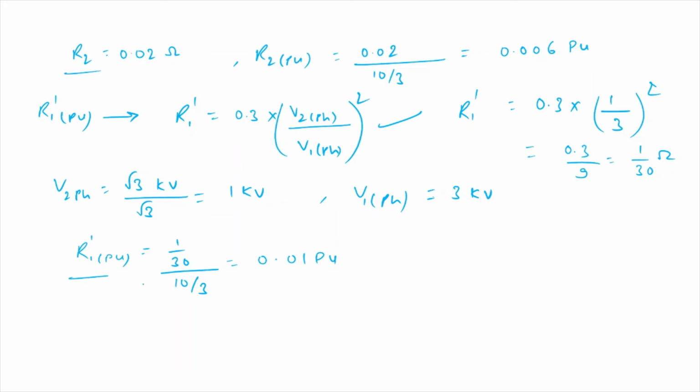So this we have calculated, R1 dash per unit. This we had calculated, R2 per unit. So now we have all the values. So copper loss would be nothing but R1 dash per unit plus R2 per unit, and that is nothing but 0.016 per unit.